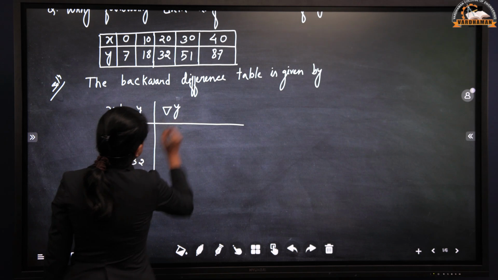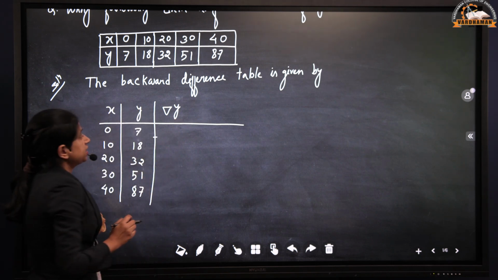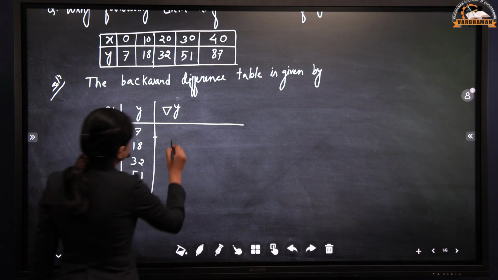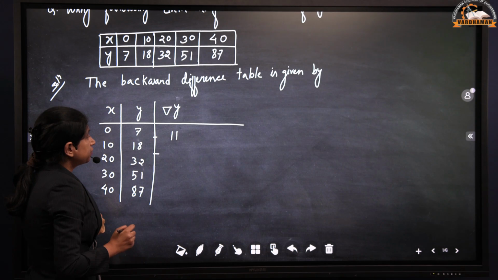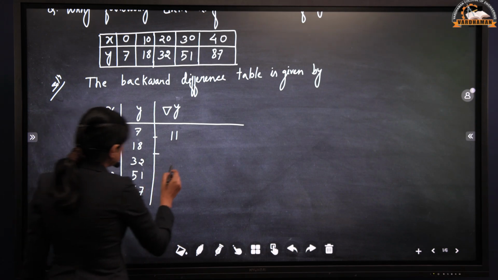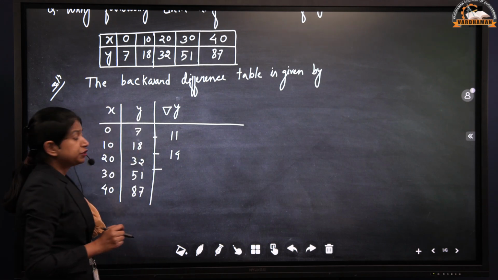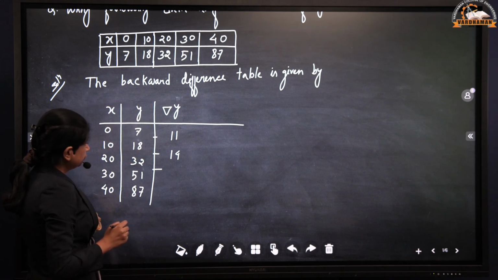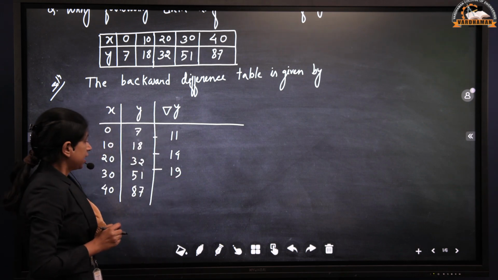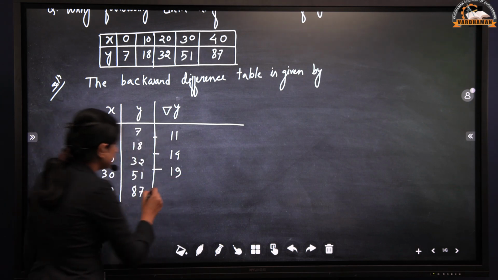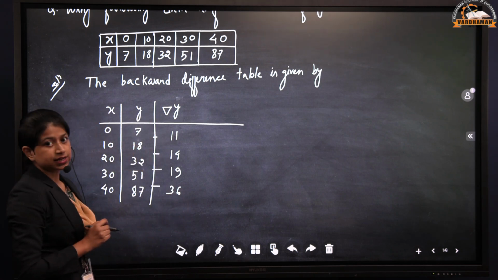That will be first backward difference of y. So 18 minus 7, it will give you 11. 32 minus 18, this is 14. 51 minus 32, this is 19. And 87 minus 51, this will be 36.